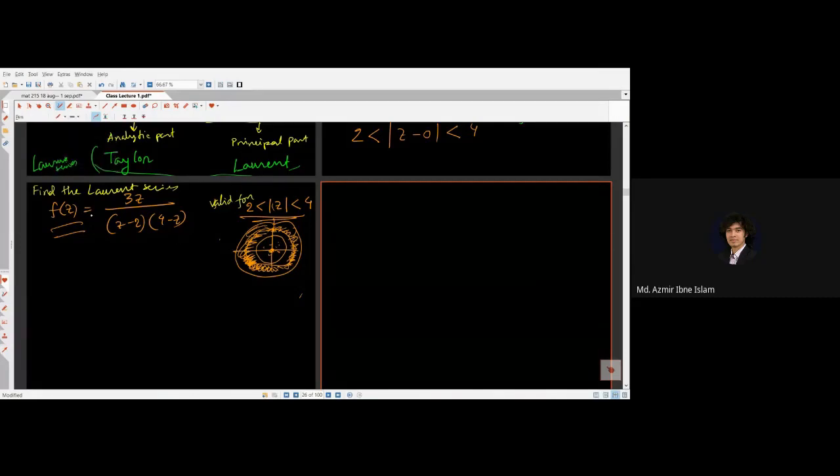So step 1. Let's say we have a function f of z equal to something by (z minus a)(z minus b).